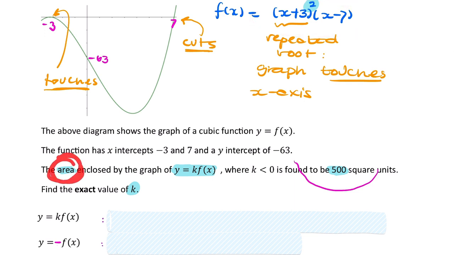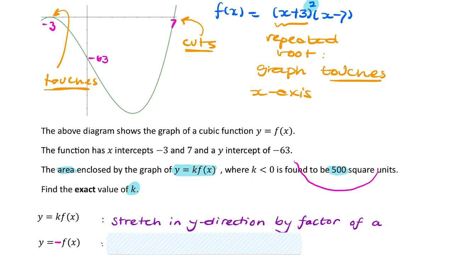Because they're looking for area, we're going to need some integration. Before that, let's try to think about what multiplying by k does. When you multiply a function by k, that's a transformation. What kind of a transformation is it? Well, when you multiply by k, if k is positive, that'll result in a scaling or a stretching in the y direction by a factor of k.